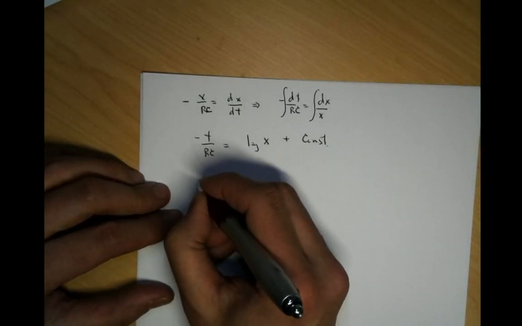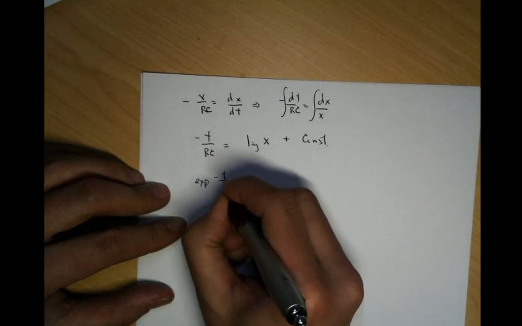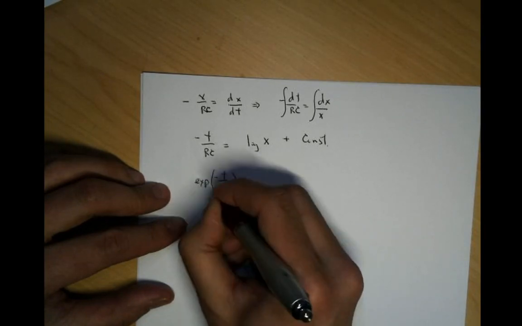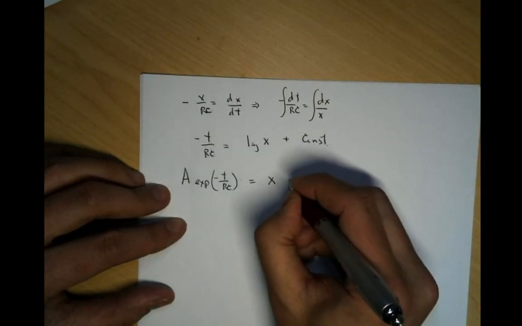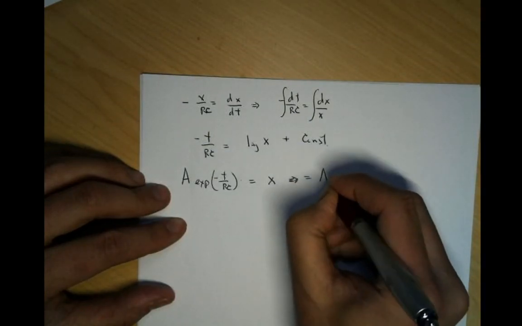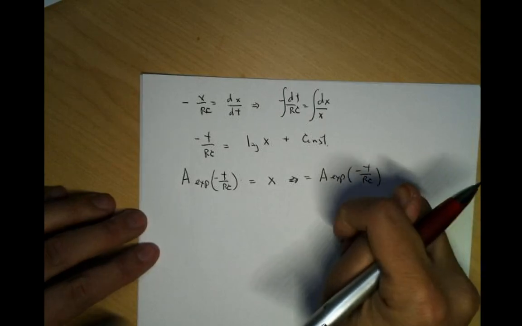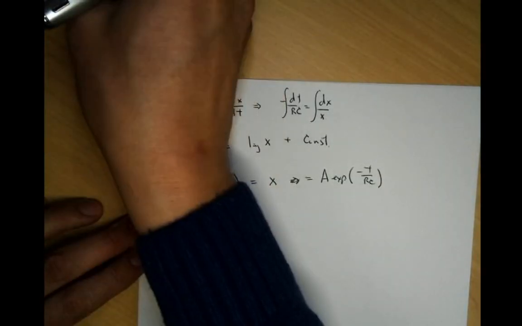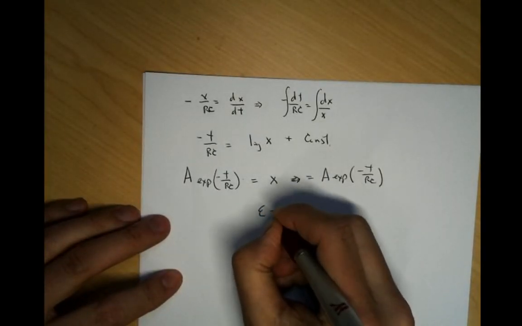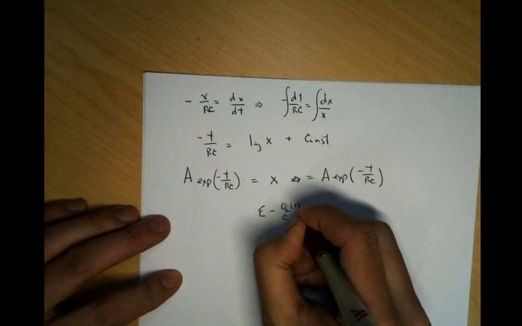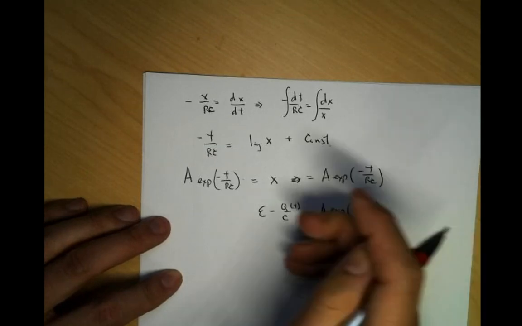That means that exponent minus t over RC is equal to x times some constant, which I'll call A. So x is equal to A exponent minus t over RC. Now let's expand what x was. Recall x is just this thing here. So epsilon minus Q over C, which is a function of time, is equal to A exponent minus t over RC.